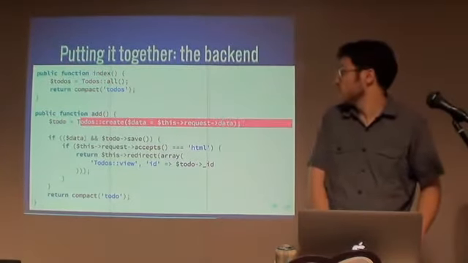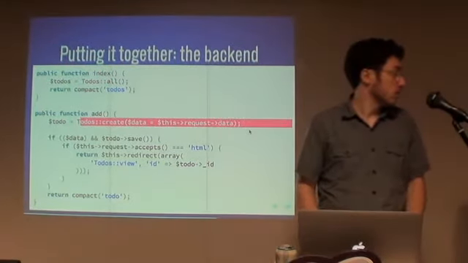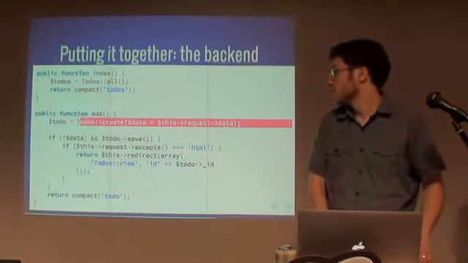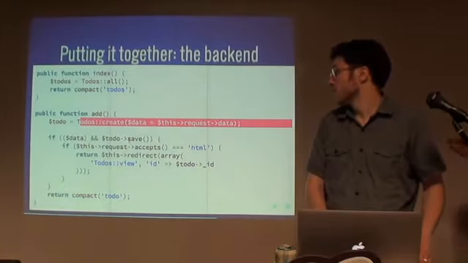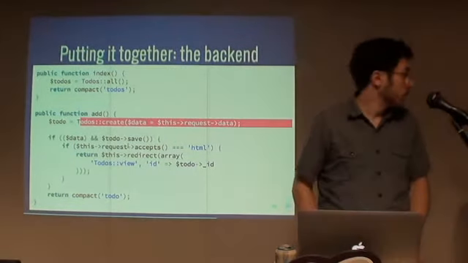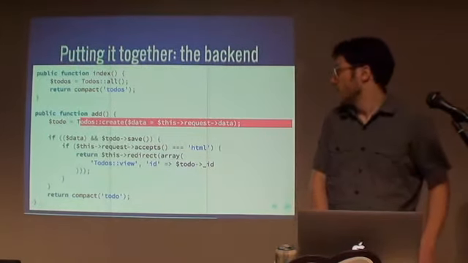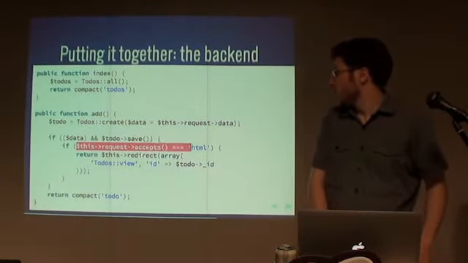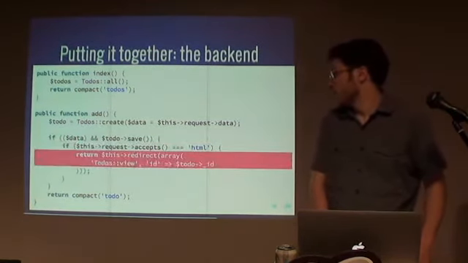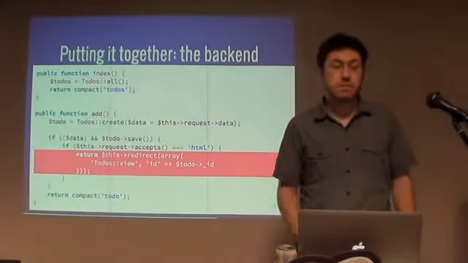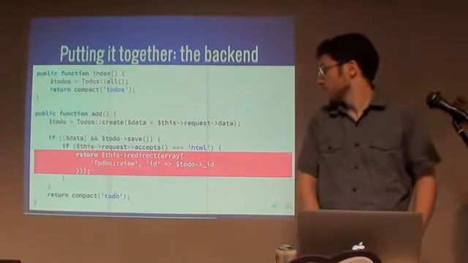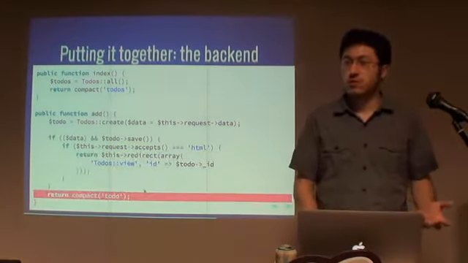For the index and for the add, we are creating a new to-do with the data in the request. And then if the save is successful and the client wanted HTML, we'll redirect to a view page. Otherwise, we'll just return the to-do.